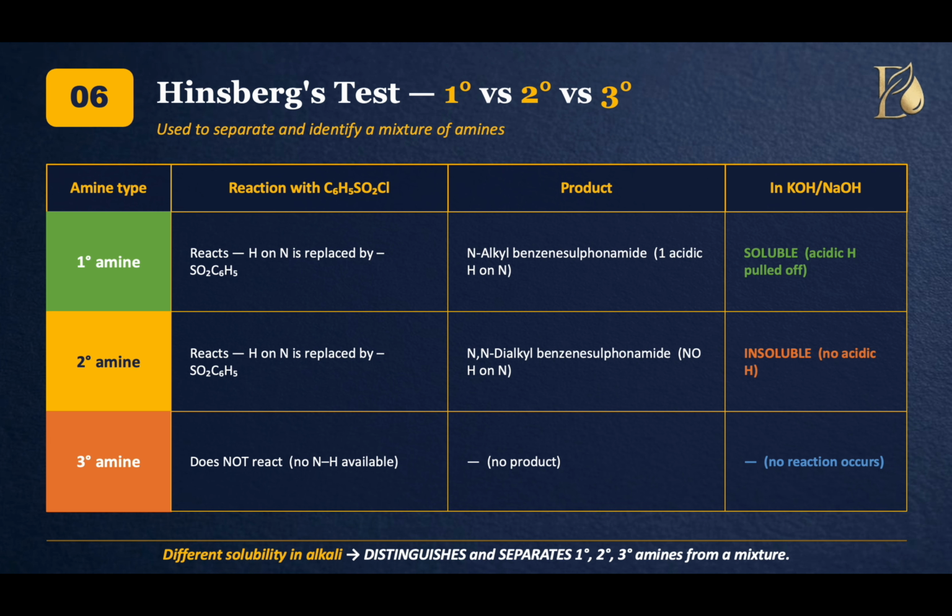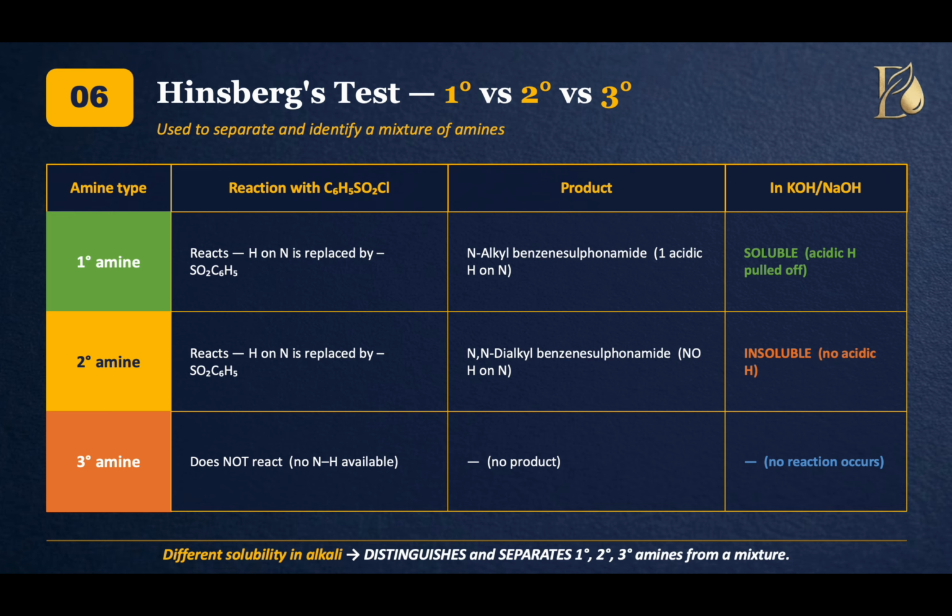So we can say that primary, secondary and tertiary amines can be differentiated based on their reaction with benzenesulphonyl chloride, the Hinsberg's reagent, and the solubility of the product in alkali. A primary amine reacts with the Hinsberg reagent to form N-alkyl benzene sulfonamide, which still contains an acidic hydrogen attached to nitrogen.